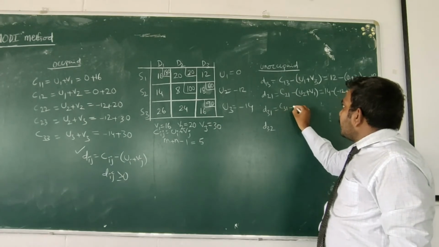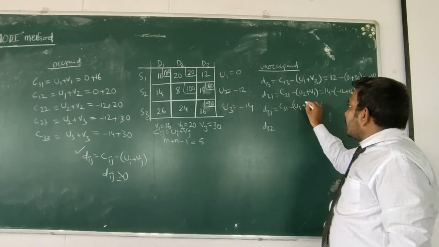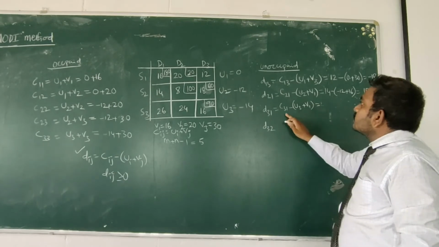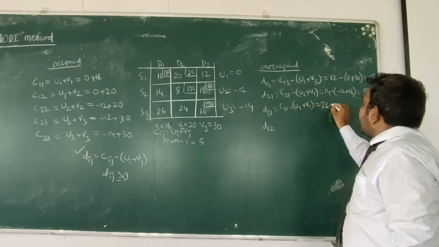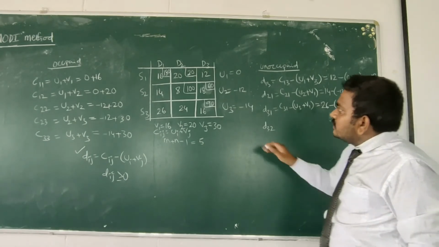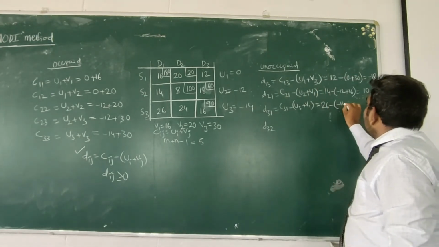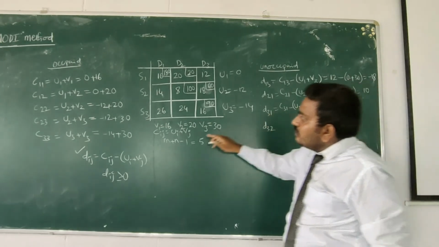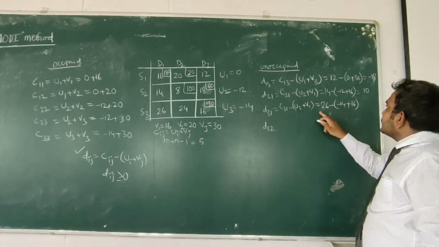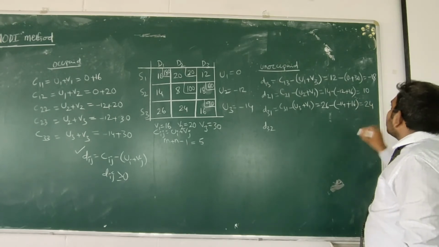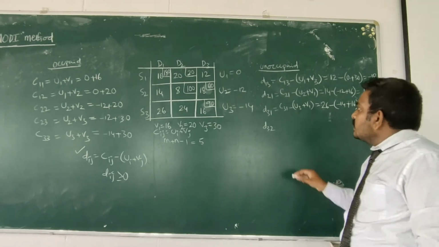Now C31 minus (U3 plus V1): the C31 value is 26, minus U3 value minus 14 plus V1 value 16. 26 minus 2, that equals 24.